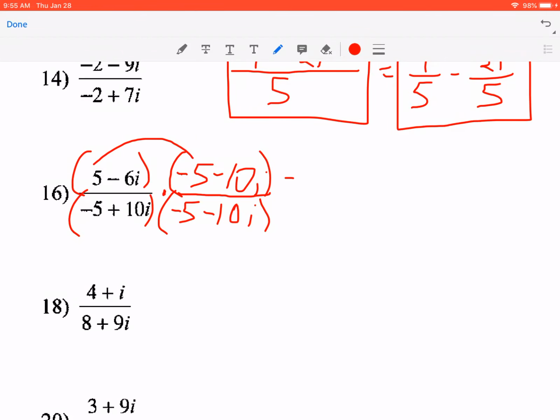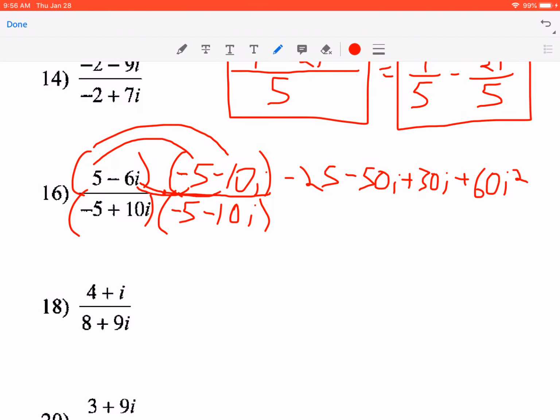That's negative 25. That's minus 50i. Negative 6i and a negative 5, that's plus 30i. A negative 6i and a negative 10, that's plus 60i squared. It's really just going to turn into minus 60 because i squared is negative 1, but we'll clean that up later.